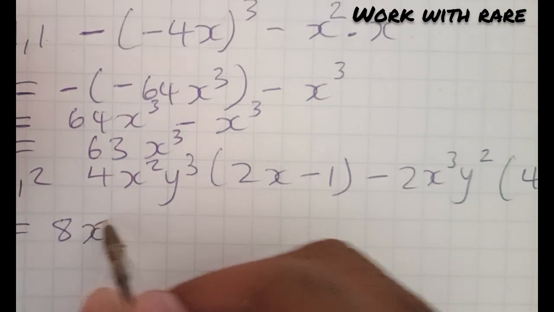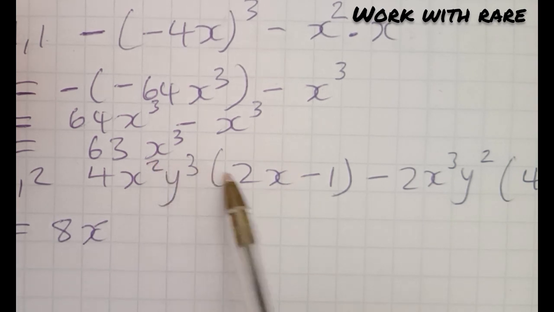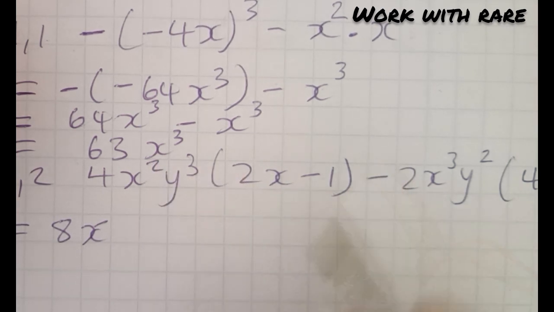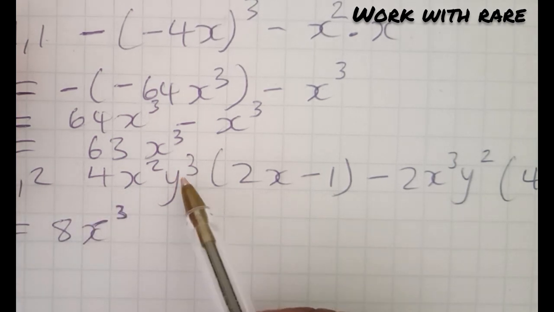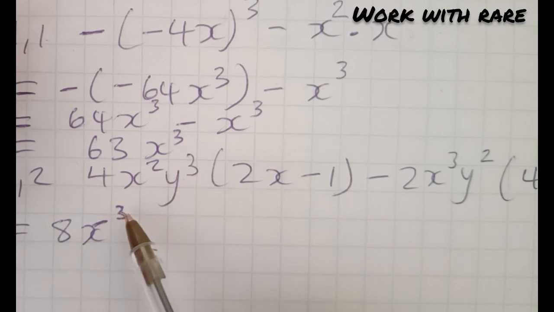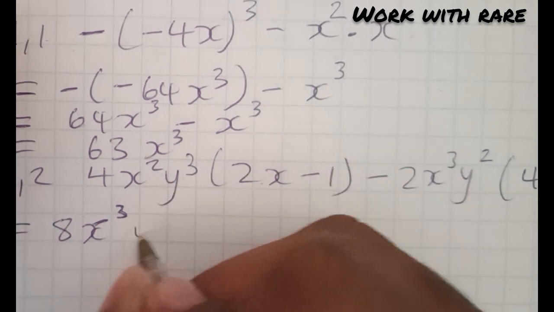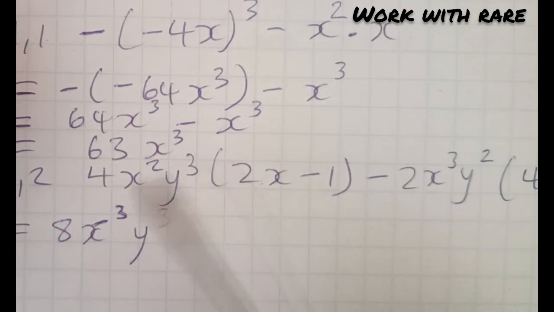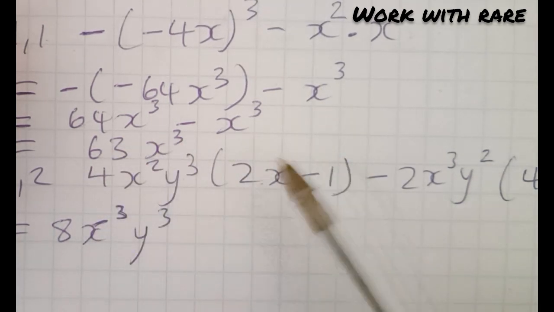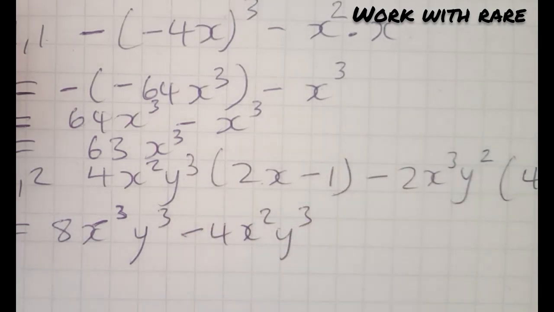When you multiply the same base, you add the exponent. So here is the same as 2 plus 1, which is 3. So we have x cubed and y cubed, because here we don't have y. Okay, so it's this part multiplied by this. After, we'll see this part multiplied by 1, which would be negative 4x squared y to the exponent 3.